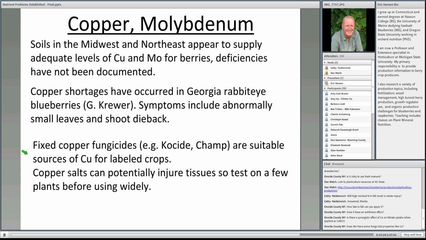But I don't know that this has occurred in northern highbush and Midwest to Northeast. Again, there are fixed copper fungicides that are suitable sources. Copper salts can potentially injure tissues, so this should be used with caution. But again, copper and molybdenum are rarely, if ever, deficient under our conditions.